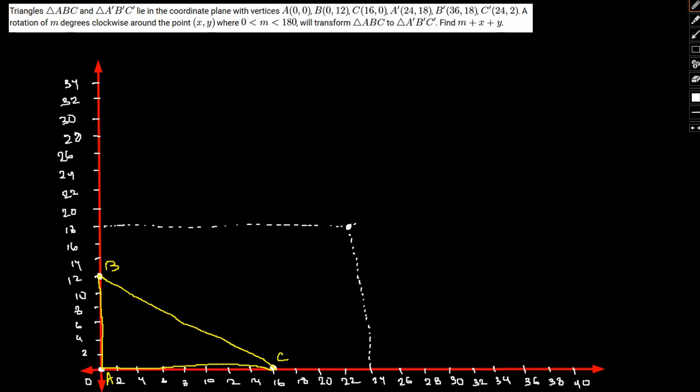Subsequently B dash is 36, 18, and C dash is 24, 2.